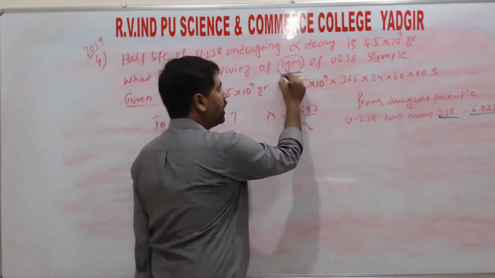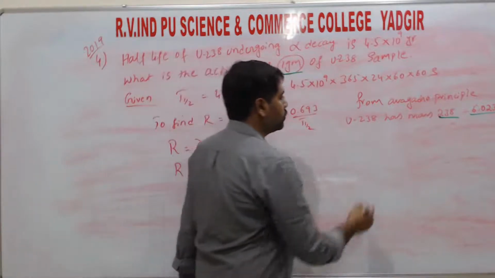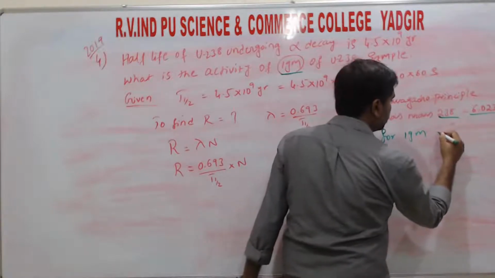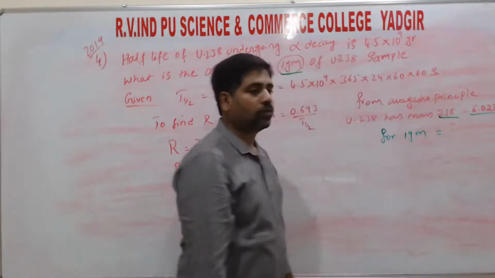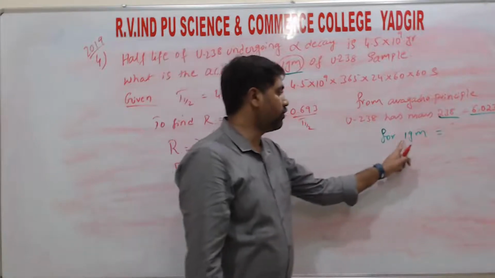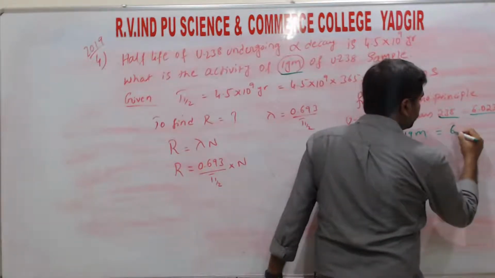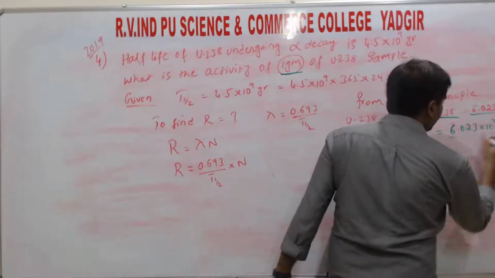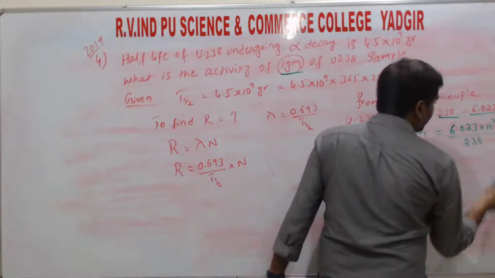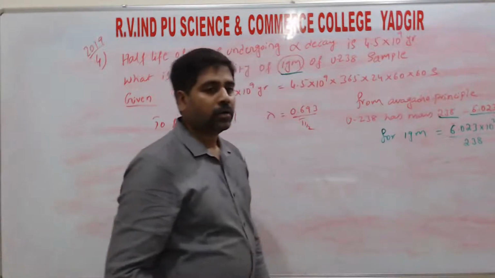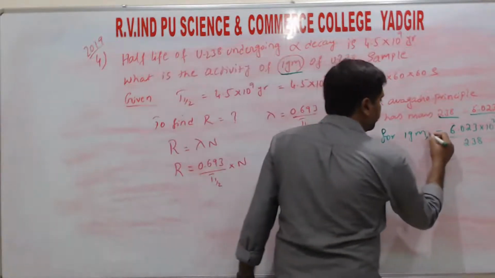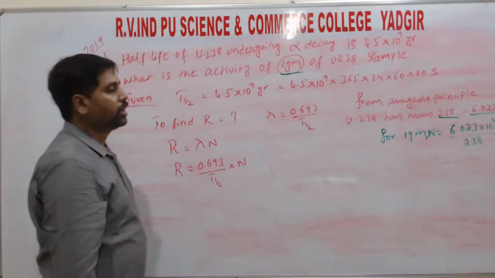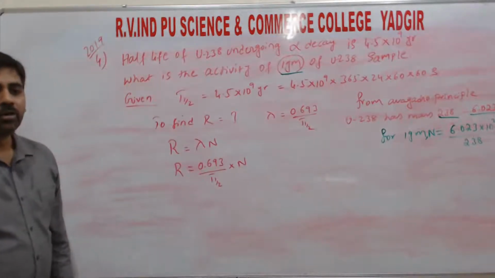So here we need only 1 gram, right? So the number of atoms which are present in 1 gram, that is equals to 6.023 into 10 to the power of 23 divided by 238, right? So N is equals to 6.023 into 10 to the power of 23 divided by 238.